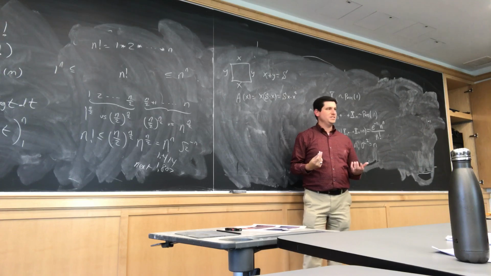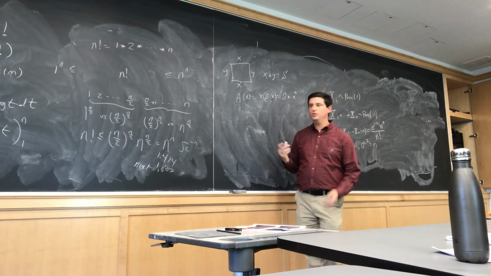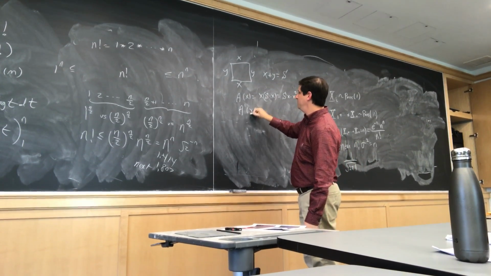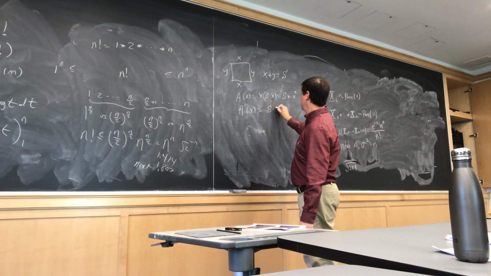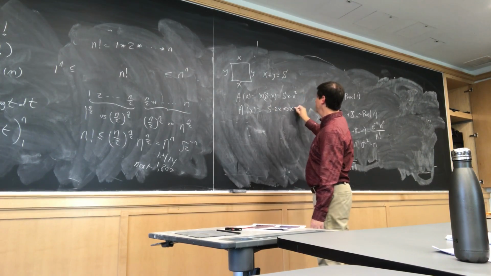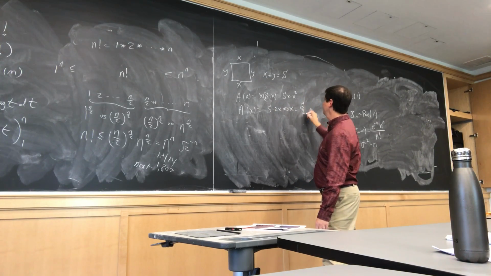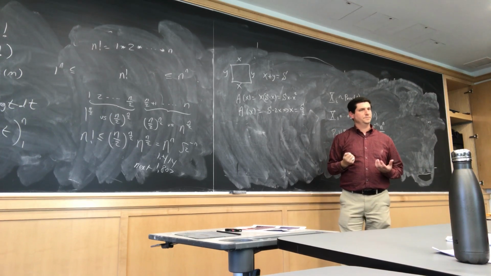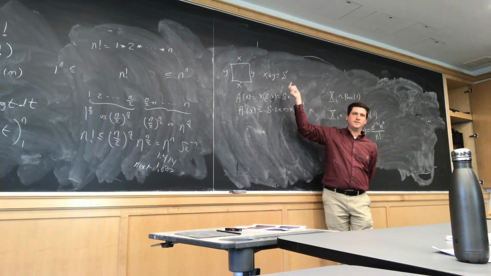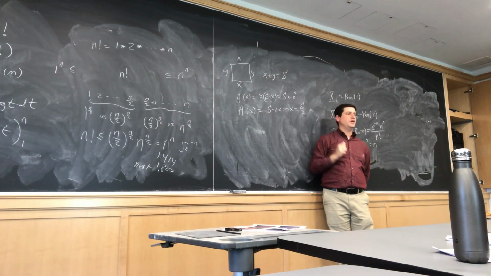It's not going to be maximized at the endpoints because that's going to have area 0. You take the derivative, you get a prime of x is s minus 2x. So the critical point is x is s over 2, so you get a square. So if I have two numbers with a fixed sum, the largest product is when they're the same.